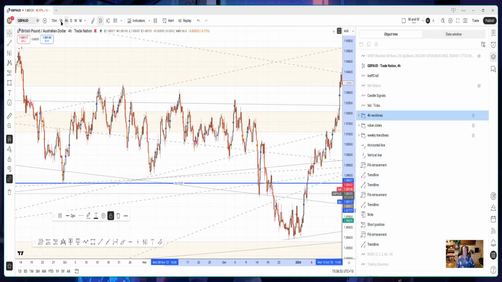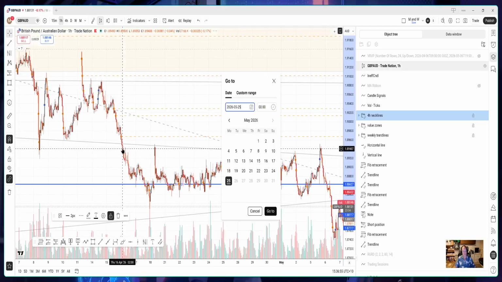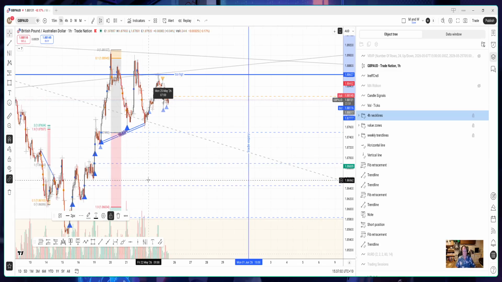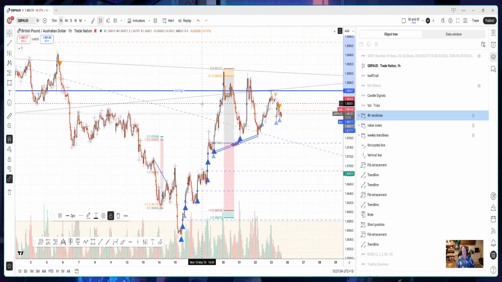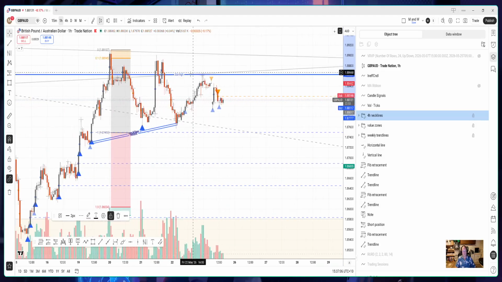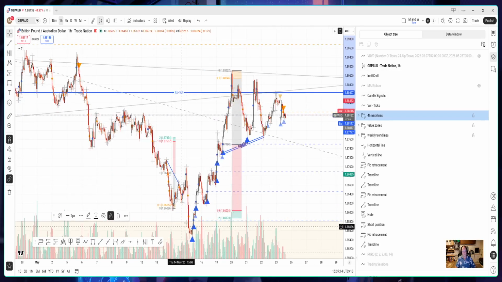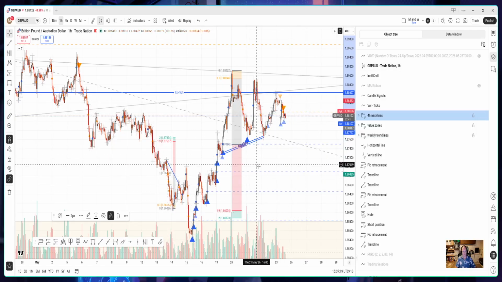Save. So if I go to 1 hour, press Alt G to go to the end of time. We can see a weekly neckline at the top, which makes our top stronger. No blockers in the middle that I can see. A 4-hour neckline, which we're kind of going through right now.